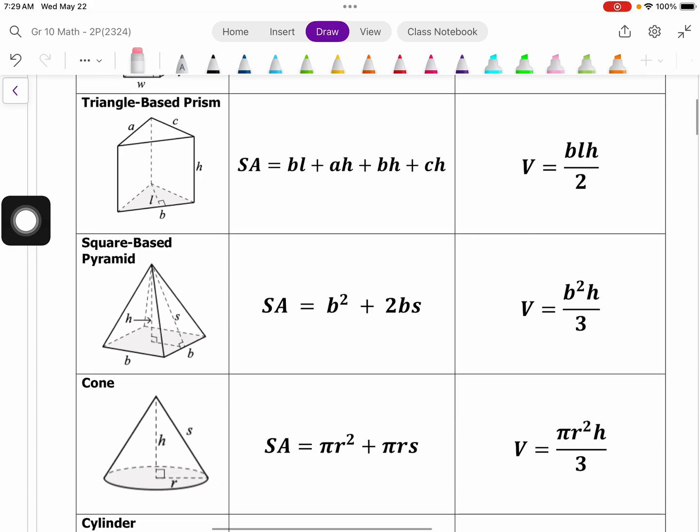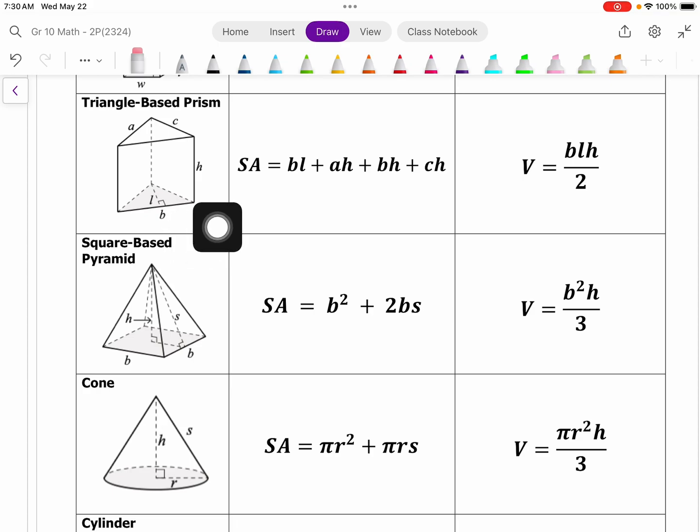A triangle-based prism takes the triangle, so triangle area would be base times height. Now, when we have a 3D shape, our height is the distance between those two triangles. So we're going to call this part L. The height within the triangle shape only is called L. So base times length and then divided by 2, but times 2 because I have two triangles.